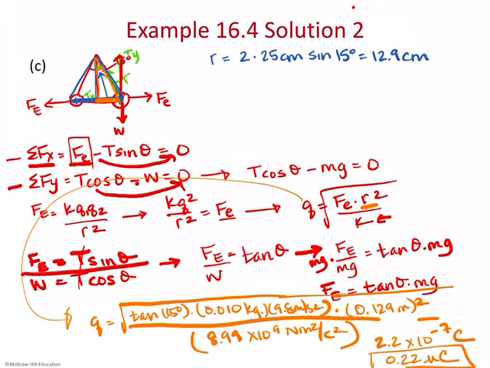And this was just one triangle right here, so that's why I had to multiply it by 2, because I'm actually doing 2 of those. So anyway, that's example 16.4, and I'm going to stop it and we'll go on to the next one in the next video.